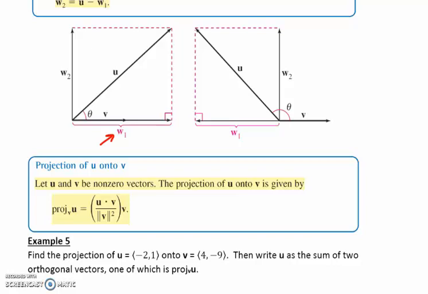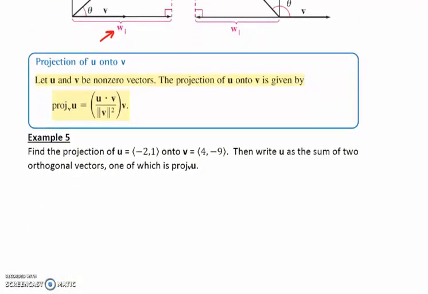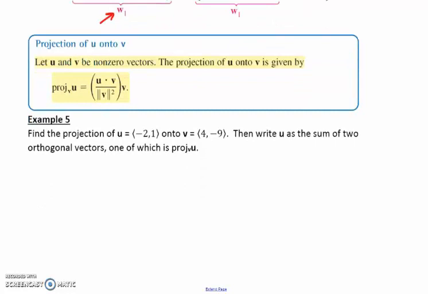And then you can see up here where w sub 2 is equal to u minus that projection. So let's take a look at example 5. And here's just another way to write that projection if you need to figure out what the value is.